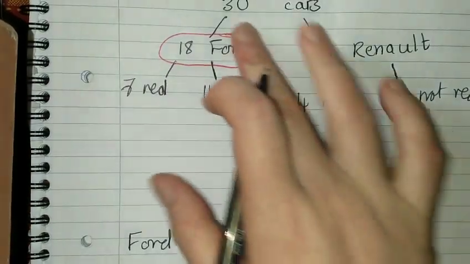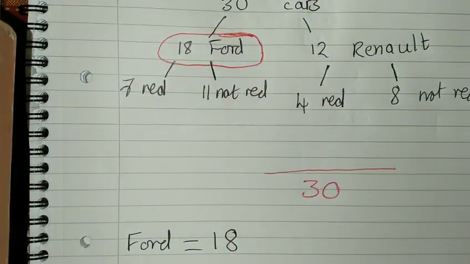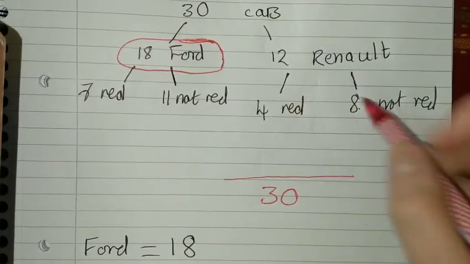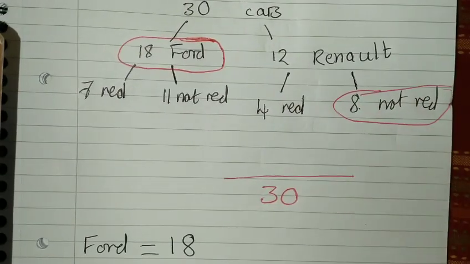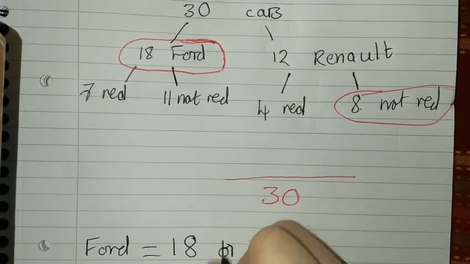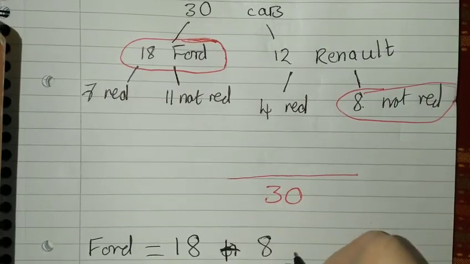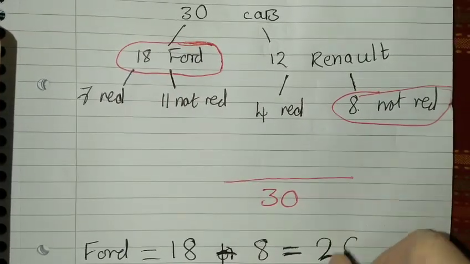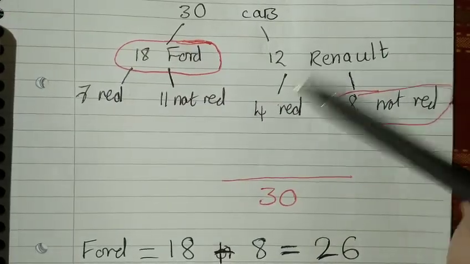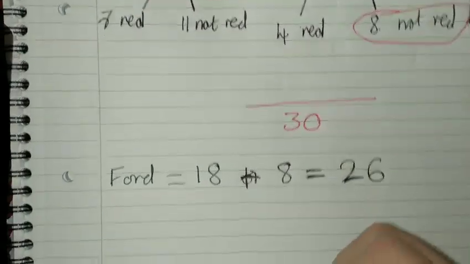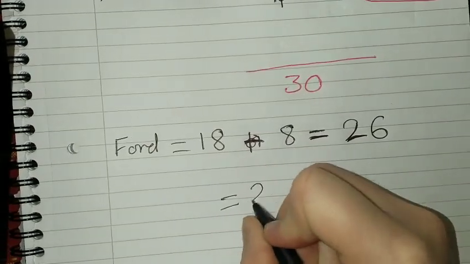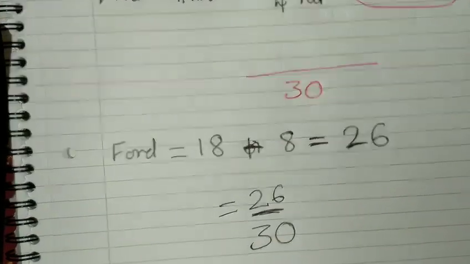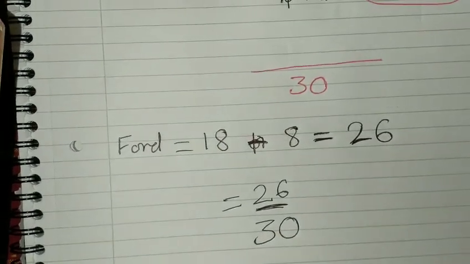We want the Fords and then any extra that aren't red, so we add on the 8 not red from the Renault. That's plus 8, which gives us 26, because we're just missing out on these 4 cars. So the probability that the car is a Ford or is not red is 26 over 30. That is our answer for that question.